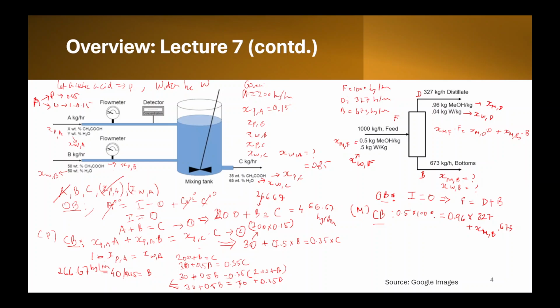So if we solve this equation, this is 500.